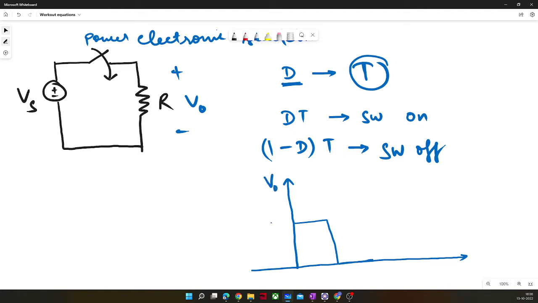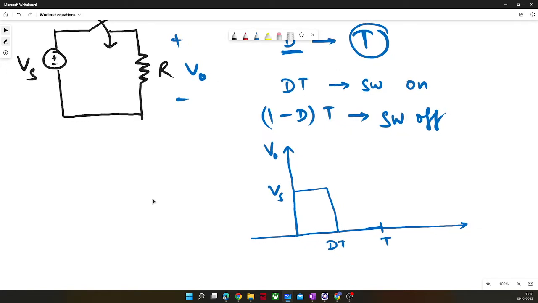So V note would be Vs for DT and 0 for the remaining time of the time period. Okay, now this was fine. Either we can derive the Fourier series for this waveform, or we can make a common waveform where we can generalize things, right?